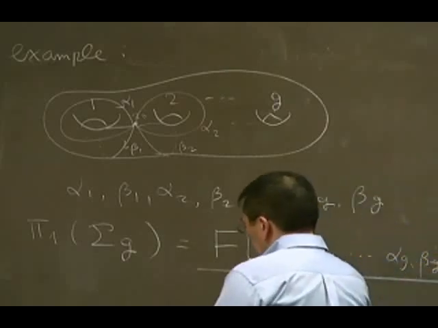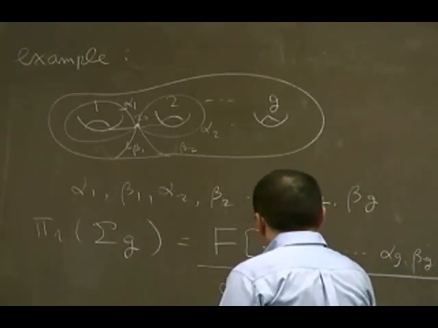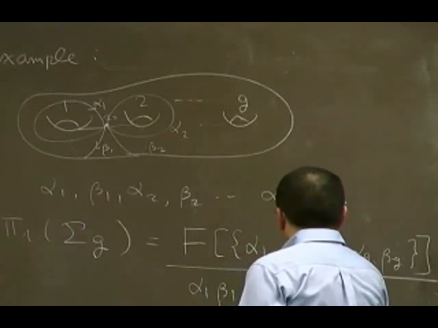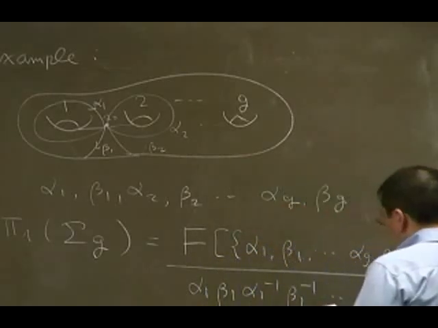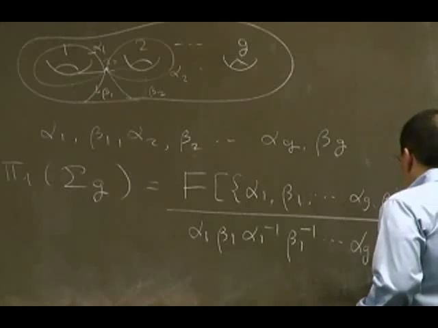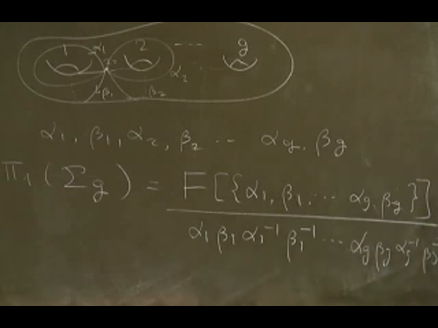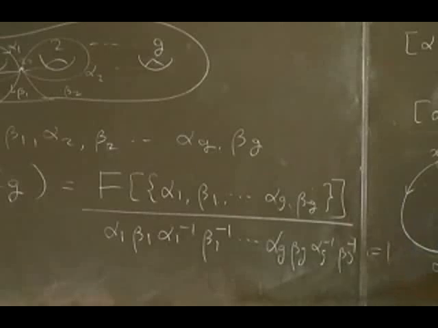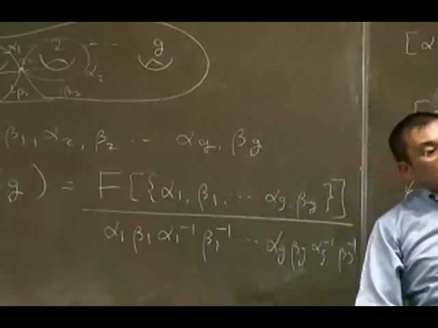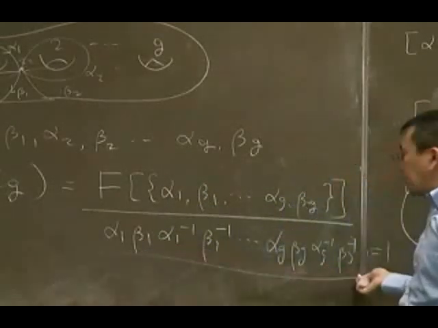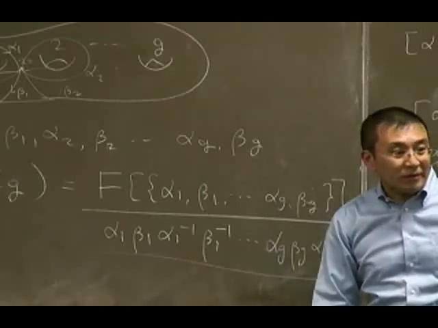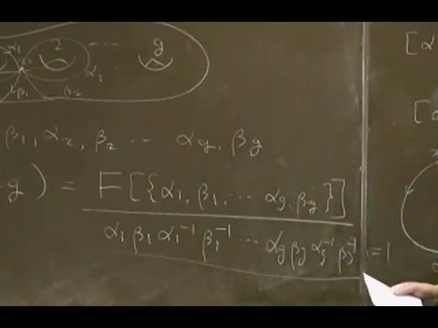That is alpha 1, beta 1, alpha 1 inverse, beta 1 inverse, and so on all the way to alpha G, beta G, alpha G inverse, beta G inverse, is equal to 1. So you just consider these 2G generators, consider any possible word, but whenever you encounter this combination, you set that equal to 1. Okay? So that gives you the description of pi 1 of sigma G.